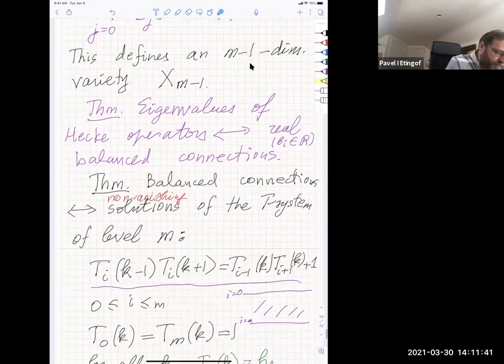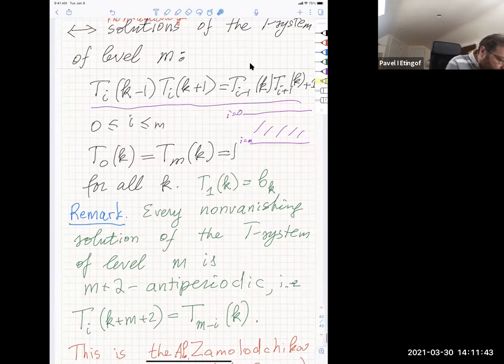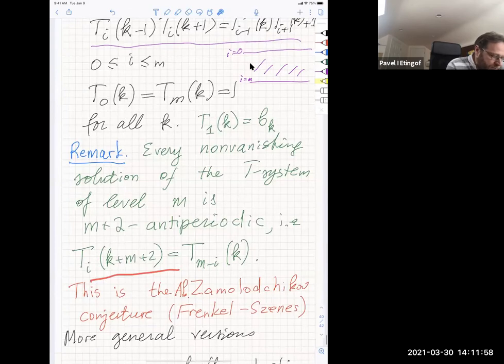And then there is a remark that every non-vanishing solution of the T system, so a solution which is not 0 anywhere, of level m, which means it lives in this strip, is m+2 anti-periodic. So T_i(k+m+2) equals T_{m-i}(k).